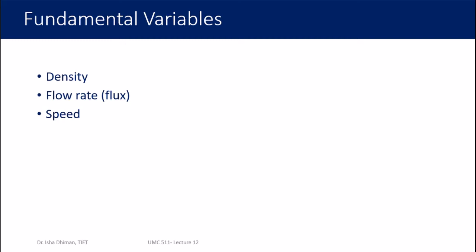So in macroscopic systems containing a large number of particles or vehicles, we are always interested in measuring a few quantities, a few observables. These are the three quantities we'll be interested in measuring: density, flow rate, and speed. Obviously these will be averages. They will not relate to one particular vehicle. I'll come to these one by one.